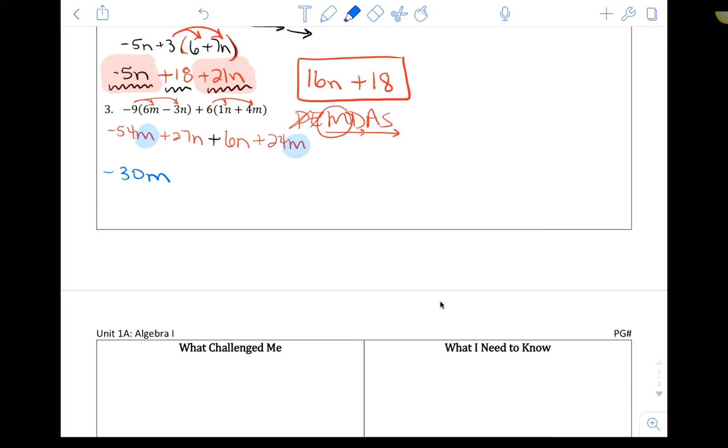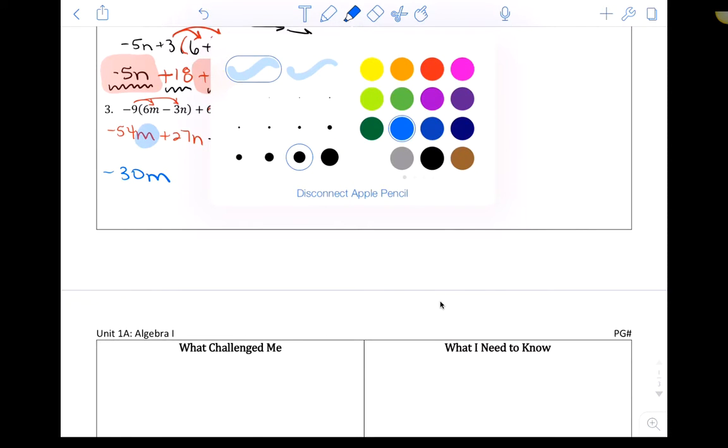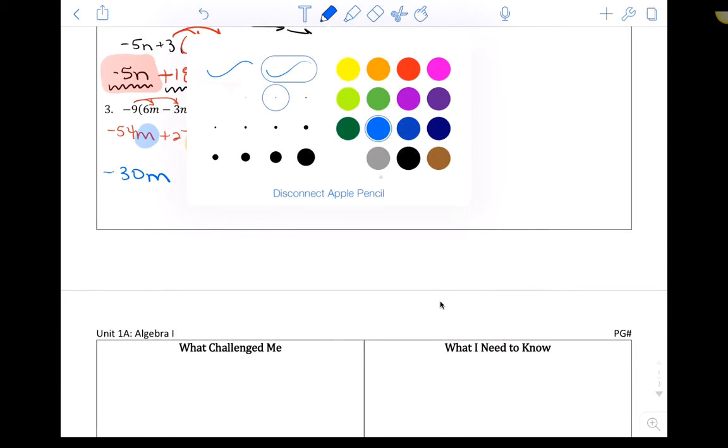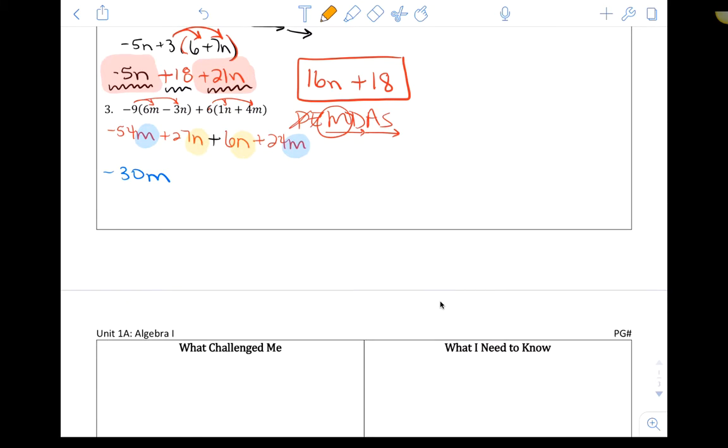And I'm going to look at my n's now. I guess I'll do orange on those. This n and this n are like terms. So if I were to combine those, 27 plus 6n, that's going to be positive 33n. And since m and n are unlike terms, this is my final simplified answer.